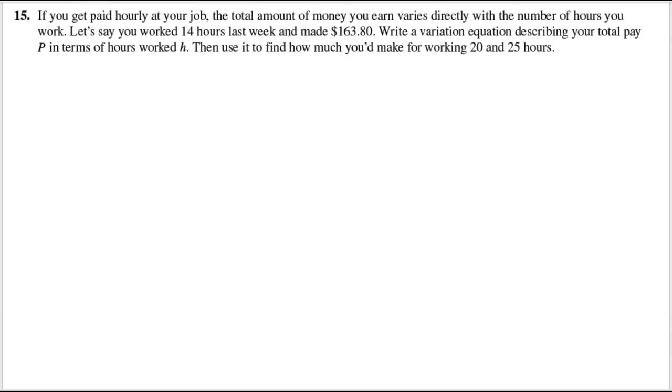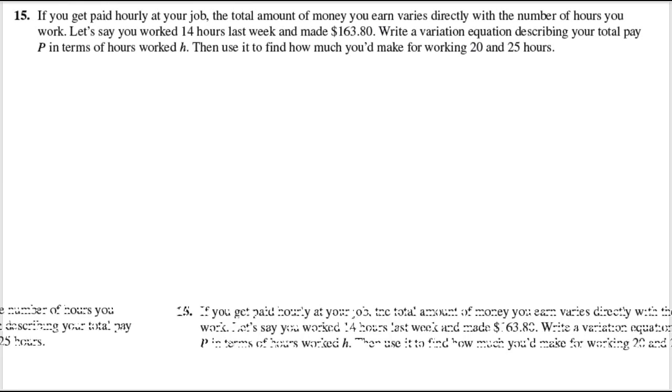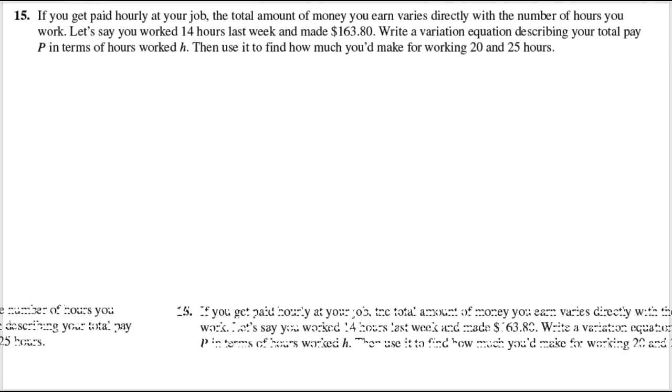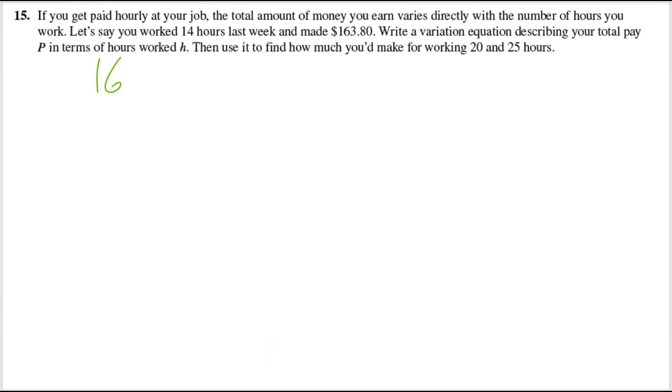Write a variation equation describing your total pay, P, in terms of hours worked. What we found, we really want a unit rate. Our constant of variation, as we're calling it, is really a unit rate.